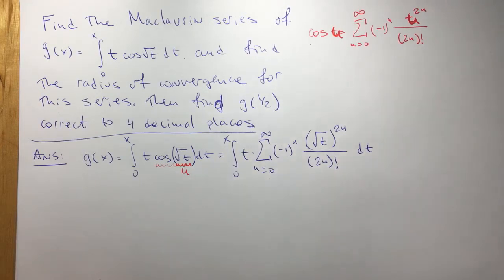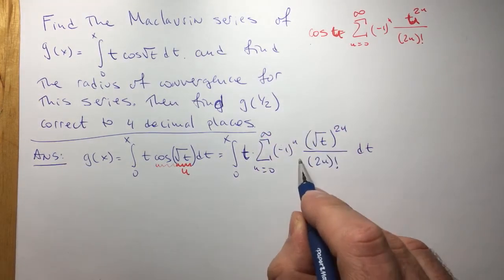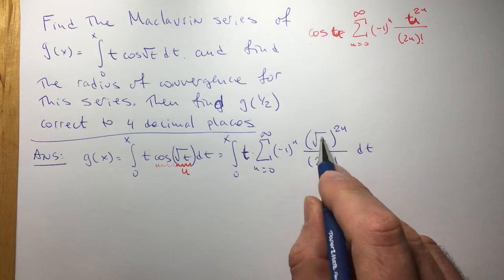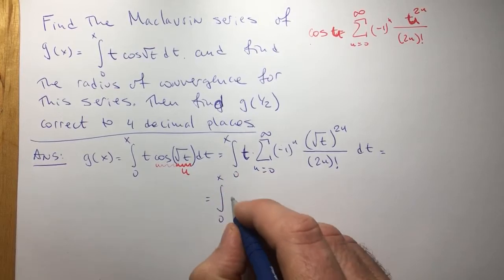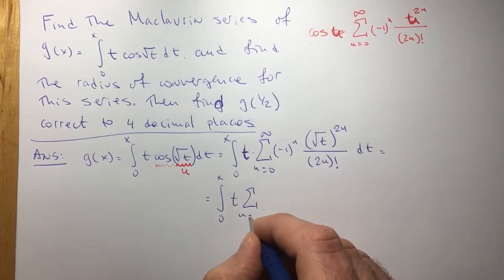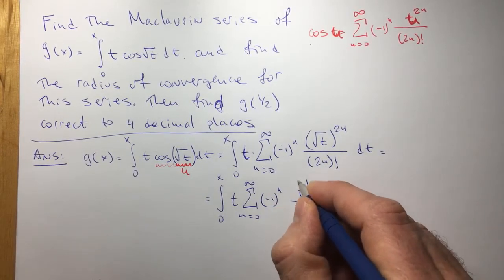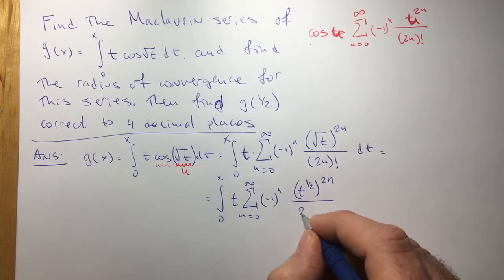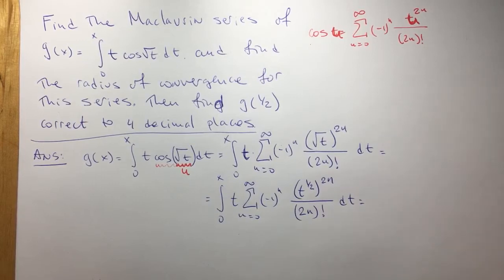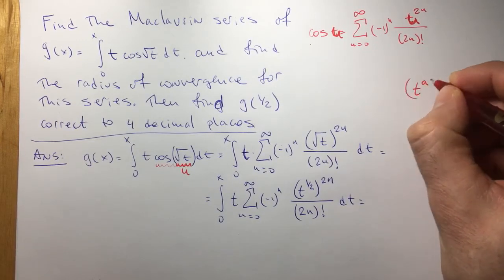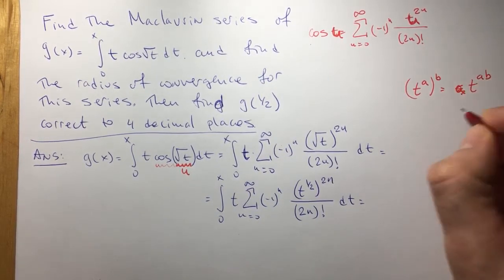Before sending t inside of the sum, I'm going to simplify this a little bit. So this is equal to the definite integral from 0 to x of t times negative 1 to the power of n, t to the power of 1/2 to the power of 2n, over 2n factorial dt. Now, from properties of exponents, we know that t to the power of a to the power of b is equal to t to the power of ab.